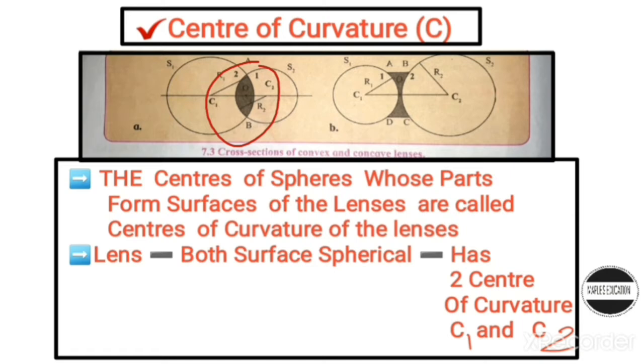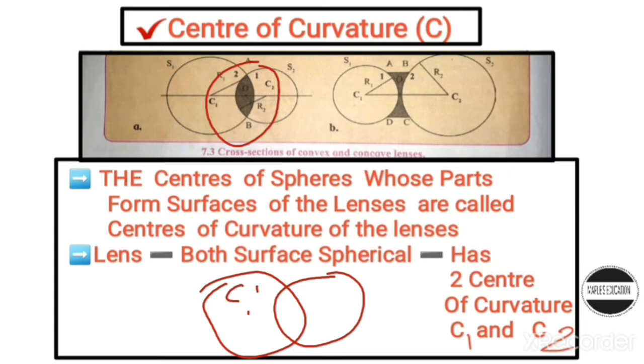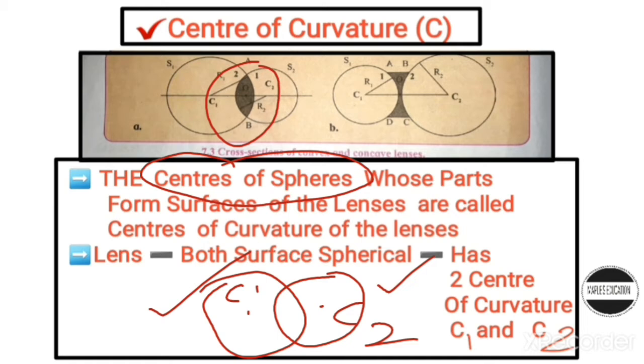See, I'll explain this in detail. If you have a sphere here and if you have a sphere here, now this sphere also has a center. Let us call it C1. This sphere also has a center. Let us call it C2. So the centers of the spheres, so C1 and C2. Now this is the sphere whose part we are using to make a lens.